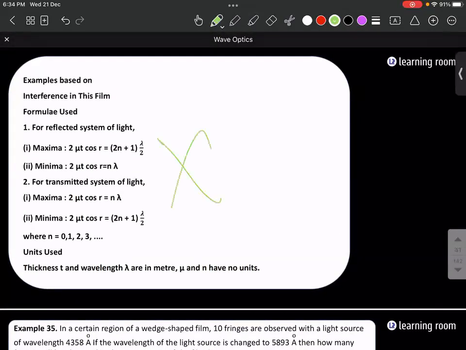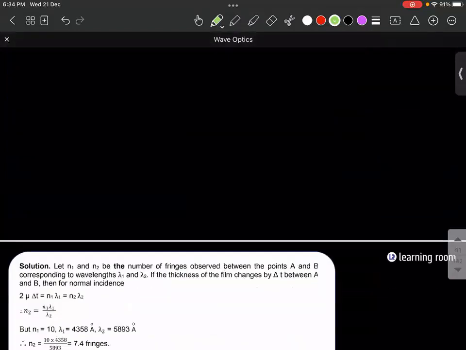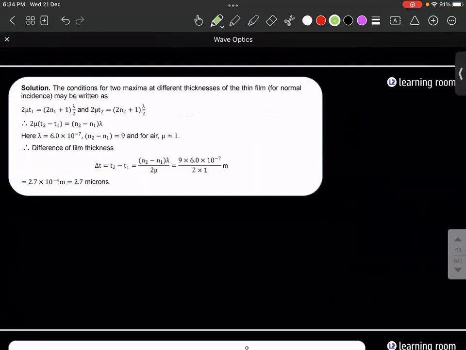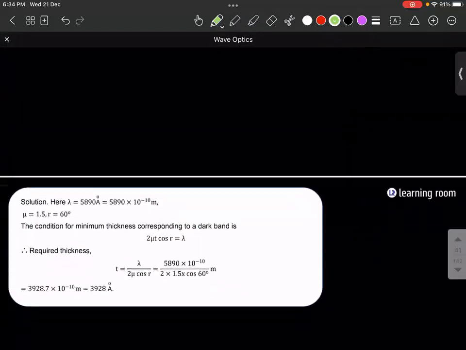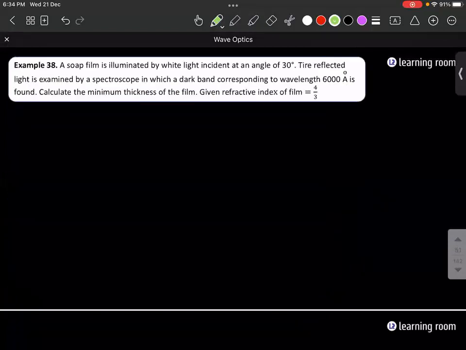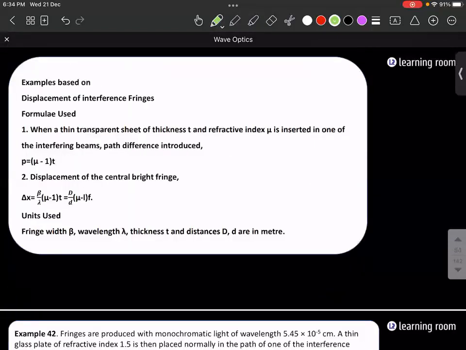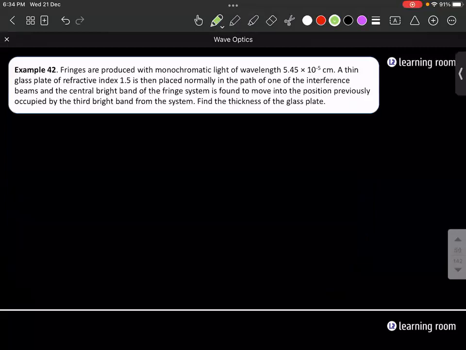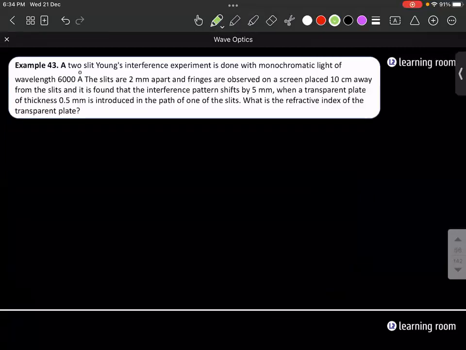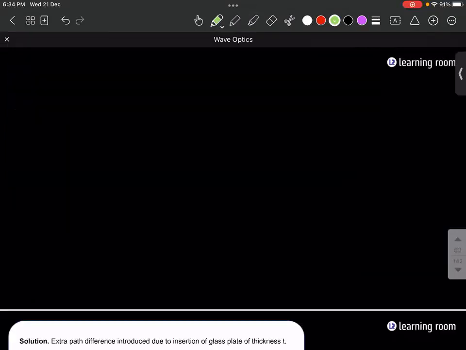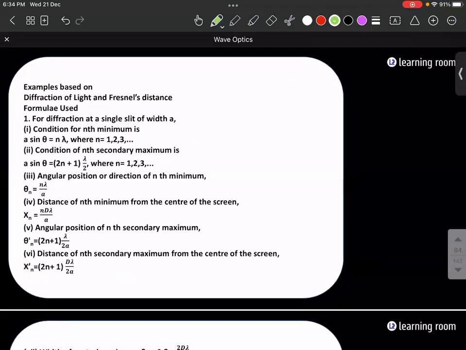So thin film, we don't need. So we'll do some problems which are based on diffraction.